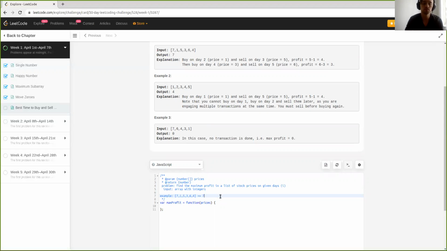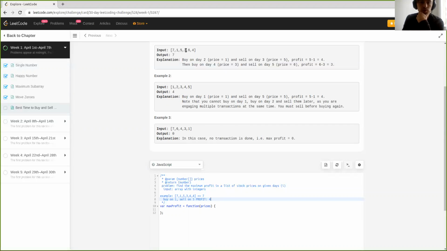Okay, so this returns 7. Let's see how that is explained. Buy on the second day, so on 1. Sell on 5. Profit 4. Buy on day 4, price 3.